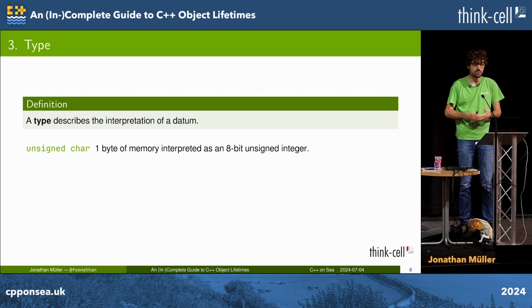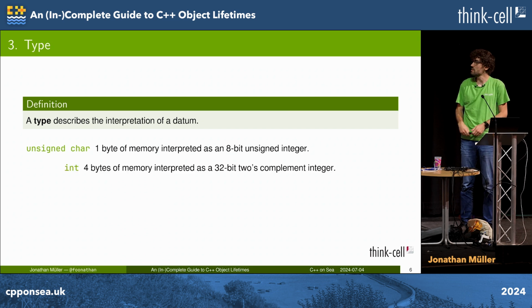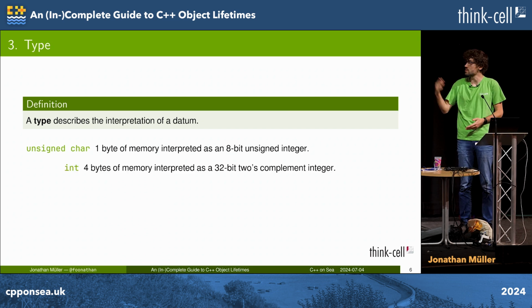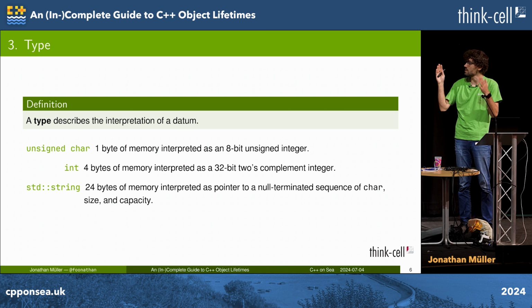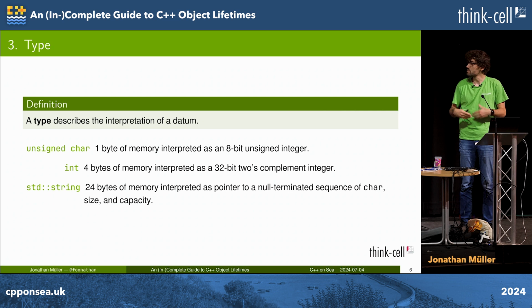We then interpret this as an 8-bit unsigned integer, and this forms our value. Similarly, when we have an int, we have to take 4 bytes and interpret them as a 32-bit two's complement integer. Or we can have a string where we take 24 bytes, and the first is a pointer to a null-terminated sequence of char, and then we've got a size, and then we've got a capacity. So a type just describes how big a datum is and how to interpret it.